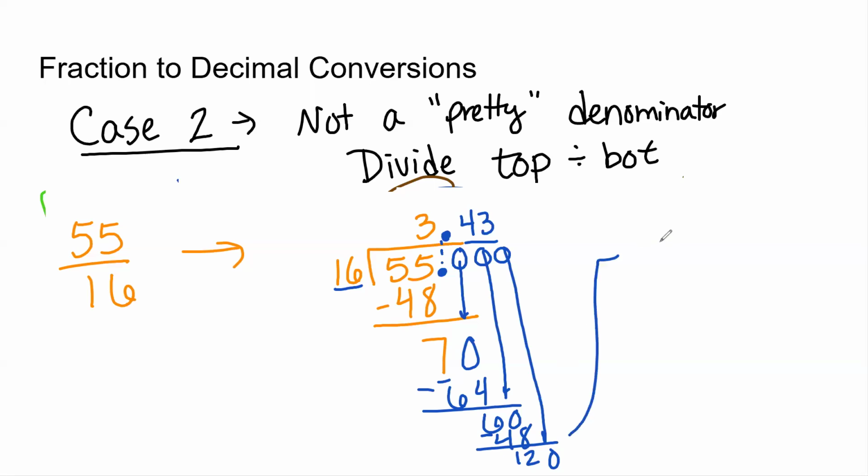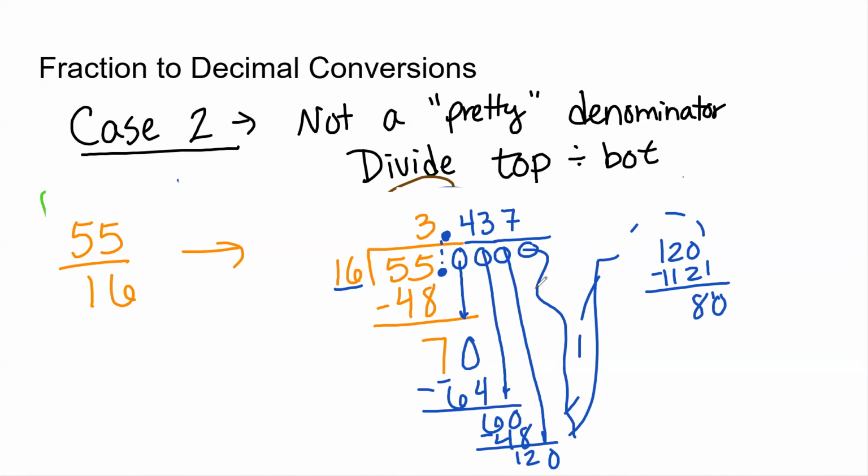I got to come up here for room. Goes 7 times. 16 times 7 is 112. Subtract, and that's 8. Put another 0. I'm sorry, this got out of hand. 16 goes into 80 5 times. 16 times 5 is 80. And there we go. That is the decimal.